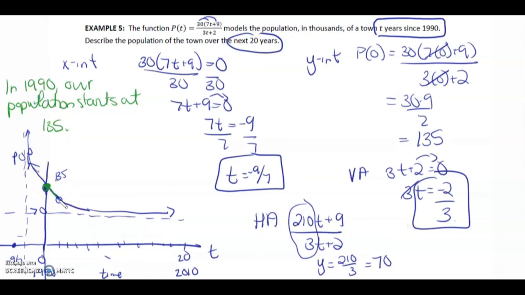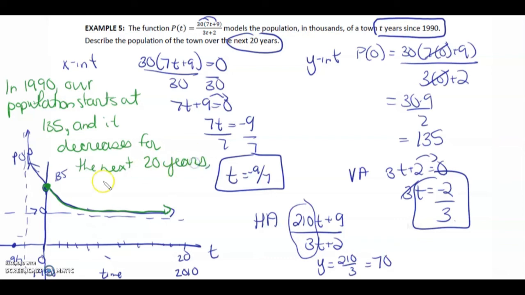Okay, and then it decreases for the next 20 years, because we only care about the 20 years, approaching, obviously, the horizontal asymptote, so approaching 70. And this is obviously 70,000, because the scale is in thousands, and this is 135,000.